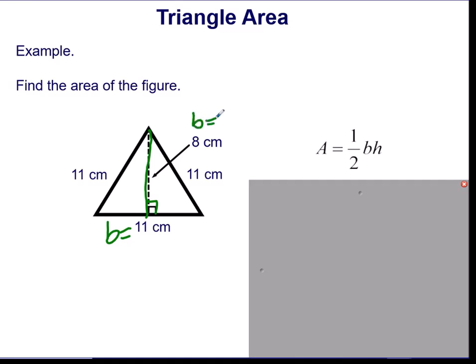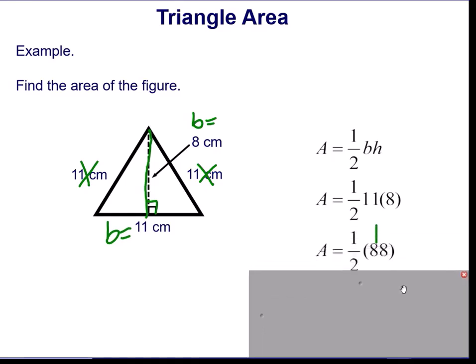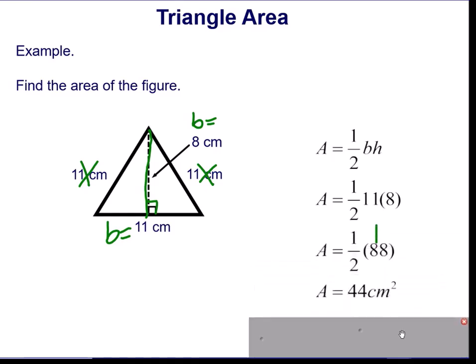So the 8 centimeters is the height. The measurements of these two sides are not needed for this calculation. I substitute in my values, so I get area equals 1/2 times 11 times 8, and then I see that I have 1/2 times 88, and my answer is 44 centimeters squared.